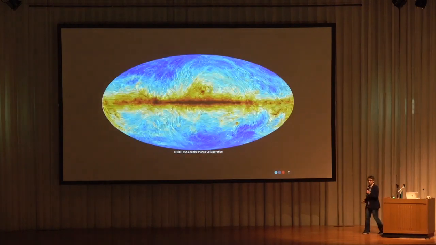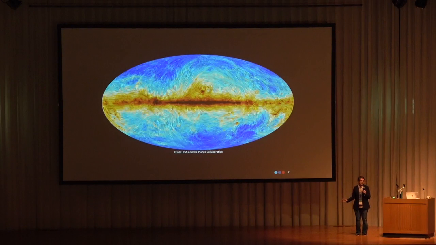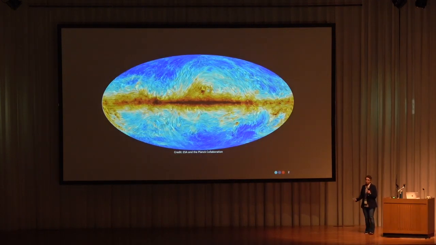All right. So we know that the interstellar medium is magnetic, and magnetic fields influence the formation of stars, from the formation of clouds, stars, and ultimately planets. And they influence the evolution of the galaxy through this process.